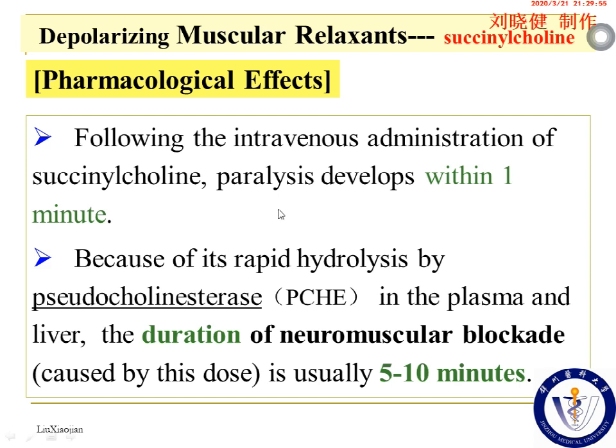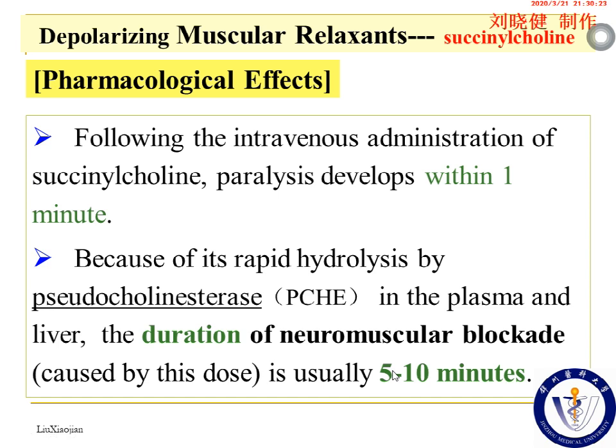This drug is also metabolized very soon by pseudocholinesterase in the plasma or liver. So the duration of muscular blockade is usually 5 to 10 minutes. This effect just lasts for several minutes. It's very short.